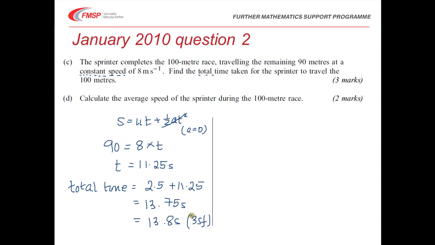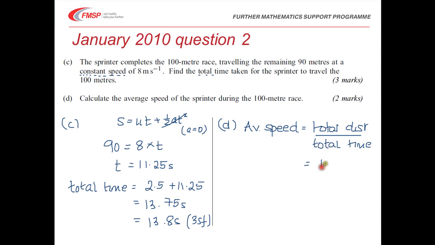So that was part C, let's just write that in, and then in part D we're asked to find the average speed. So the average speed, we need the total distance divided by the total time, and of course we know that the total distance is 100 metres, so that was the race.